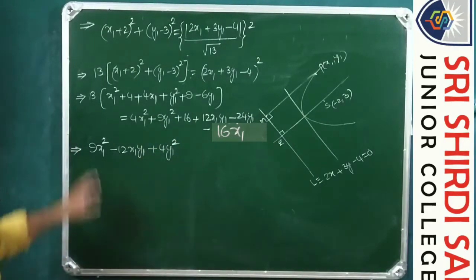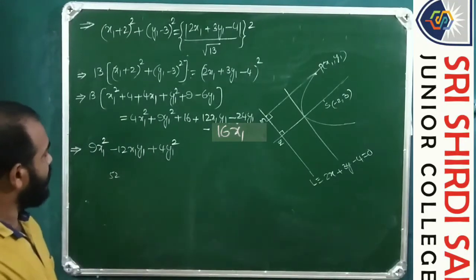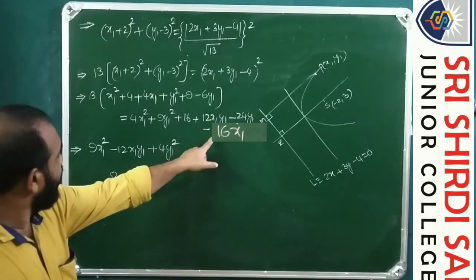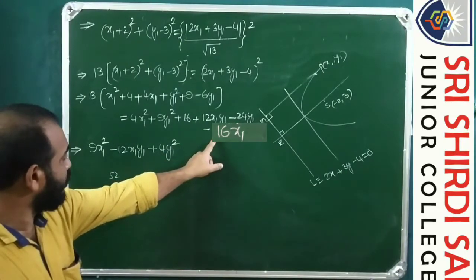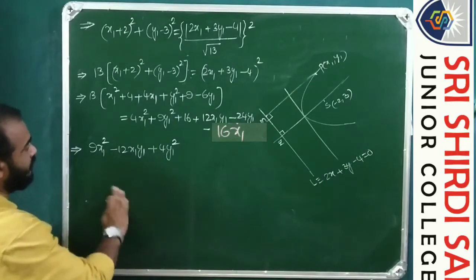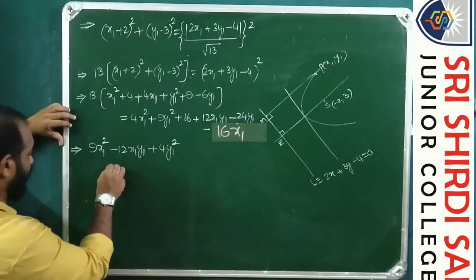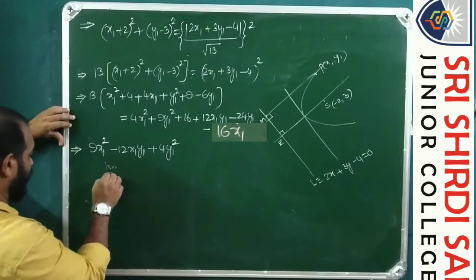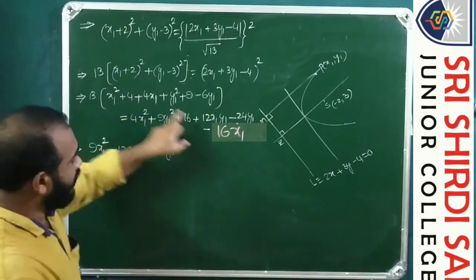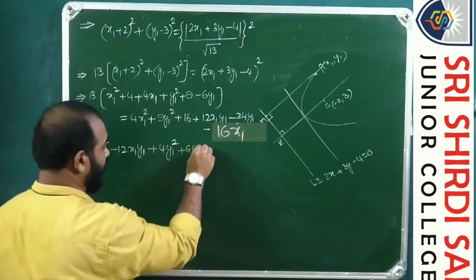Next, 13 × 4 is 52. 52 plus 12 is 64. 52x1 plus 12x1 is 64x1.